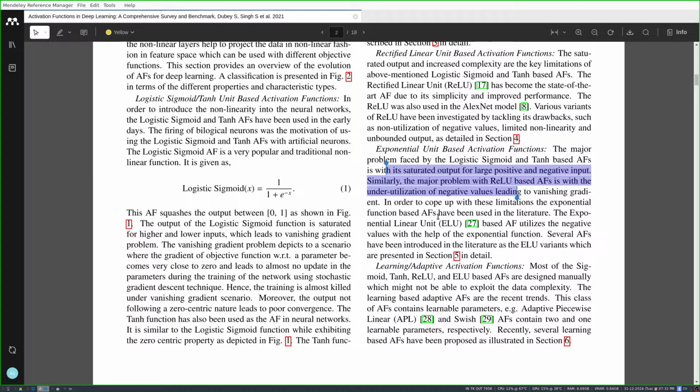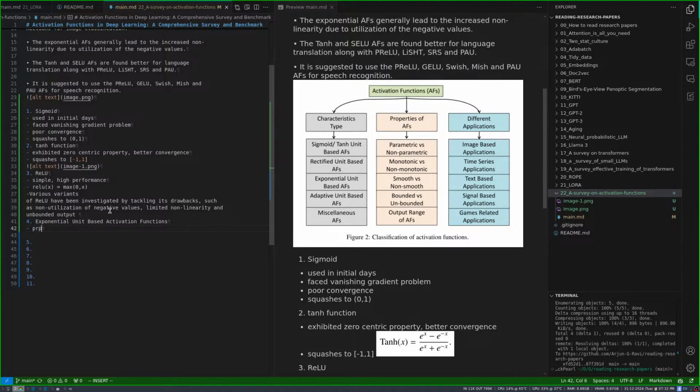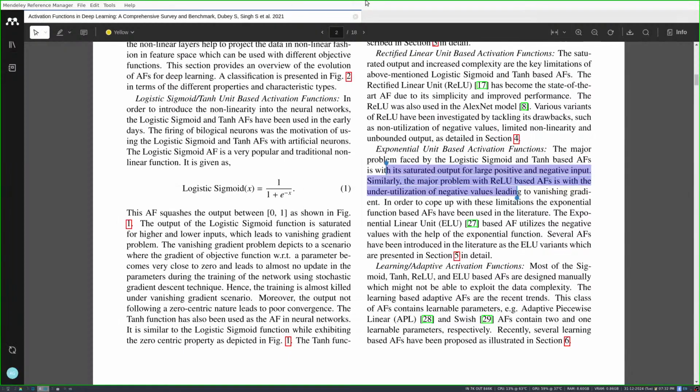You have to cope with these limitations, with proper utilization of large positive and negative numbers. The exponential linear unit, ELU, is an activation function that utilizes negative values with the help of an exponential function.